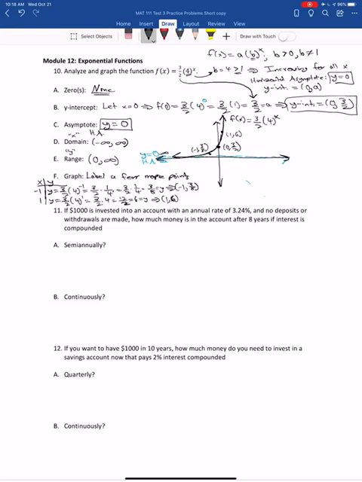So again, we're compounding it on a set number of periods. Well, that's given this model. So A of t is the amount after t years. We'll let t be our time value.